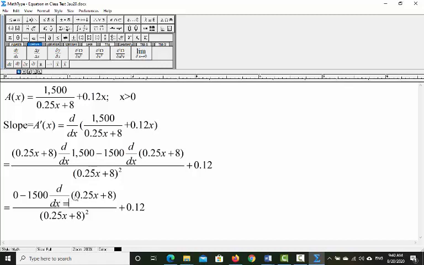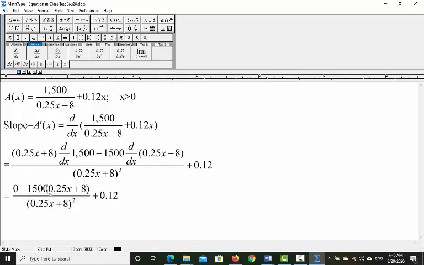Oops, sorry. So from this one we will get only this one. So that means if you do differentiation of this one here, you will get only 0.25. So 0.25, right. So what we get?